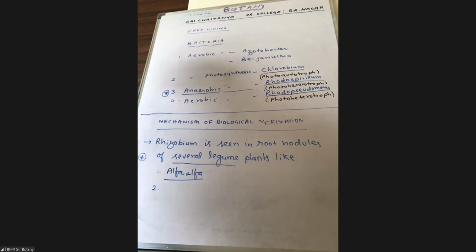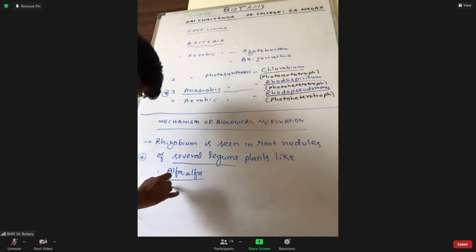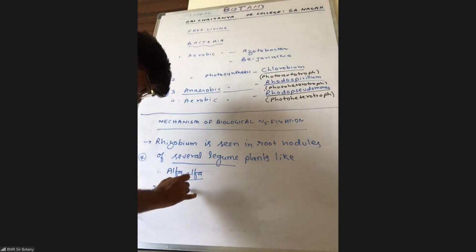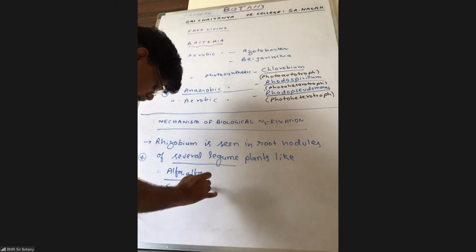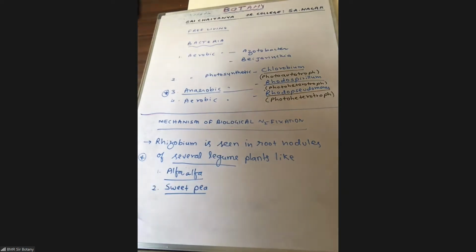Two, sweet pea. Remember what the scientific name of sweet pea was? Lathyrus odoratus. That you are going to come across in the genetics chapter.